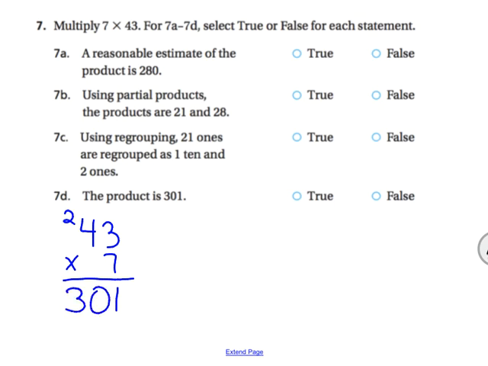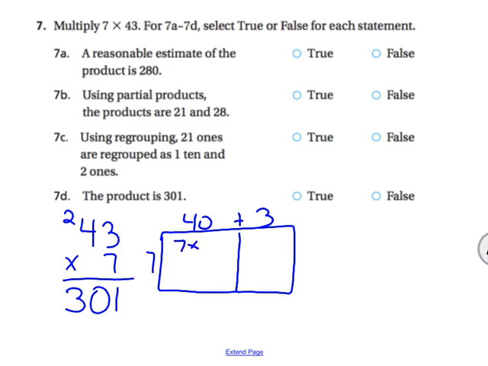Okay? I'm going to just show it using the area model. My single digit 7 here. 43 again is put into expanded form, which is 40 plus 3. 7 times 40, 280. 7 times 3, 21. Now I add the partial products.